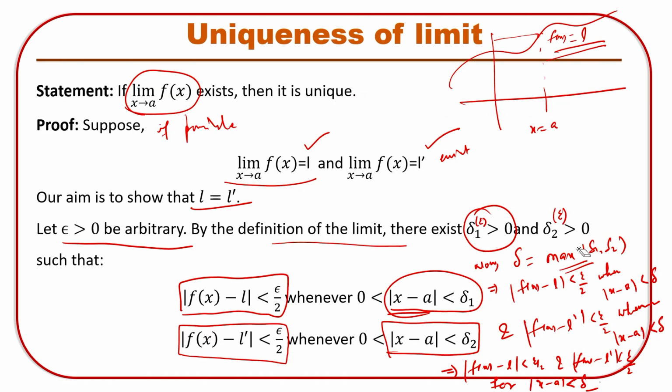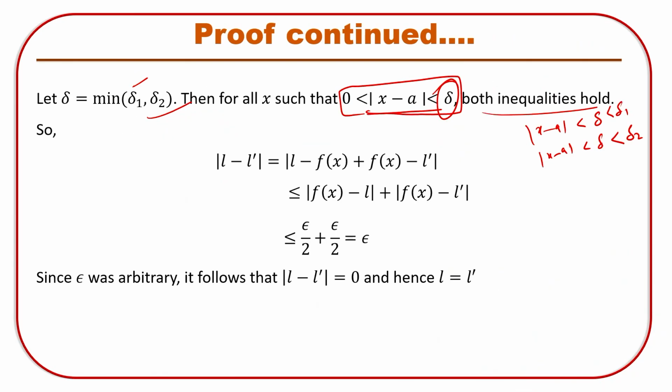So in the previous slide, it's not the maximum but the minimum. Sometimes you have to determine which one you should take. See here, the minimum of these two works. So once you choose delta as the minimum of delta 1 and delta 2, both are valid, and once they are valid, then we will calculate L minus L dash.